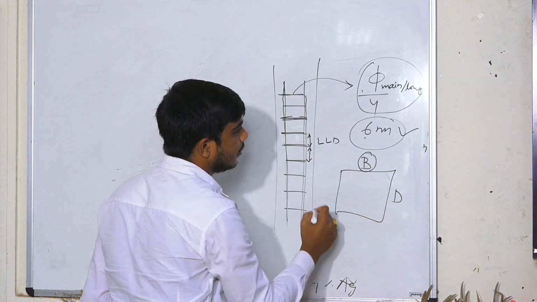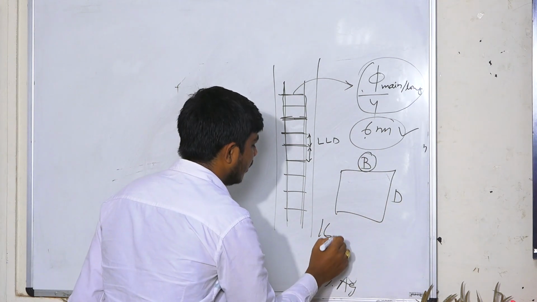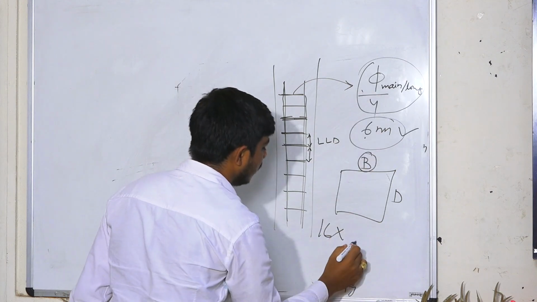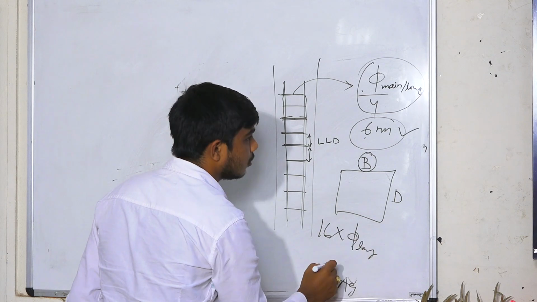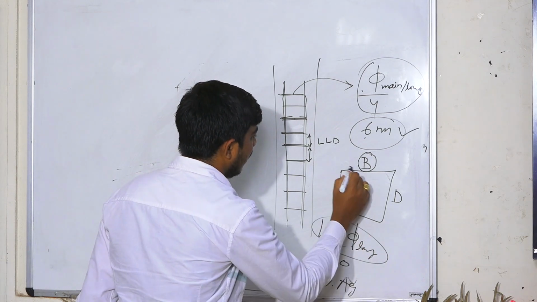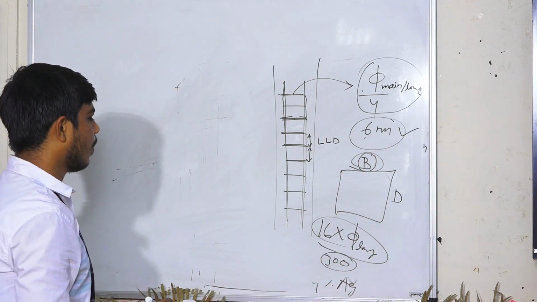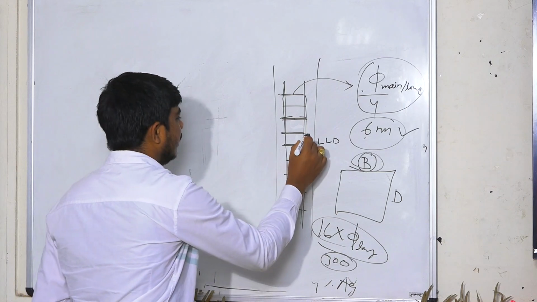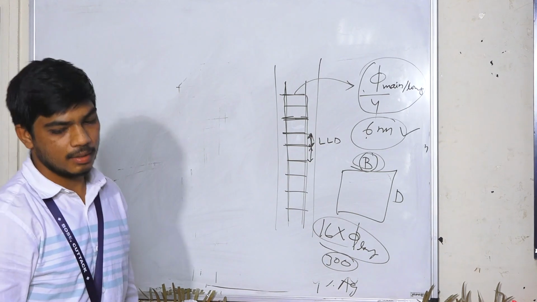So either the minimum dimension, or 16 times diameter of longitudinal bar, or 300. We will see these three things and decide which one is minimum. We should provide the spacing less than all three of these.